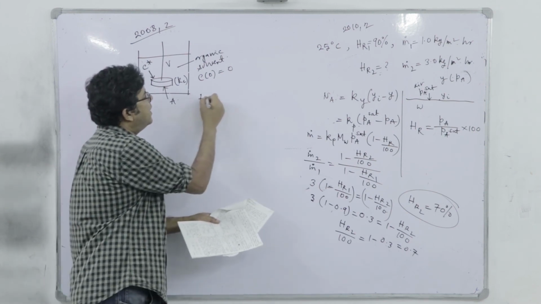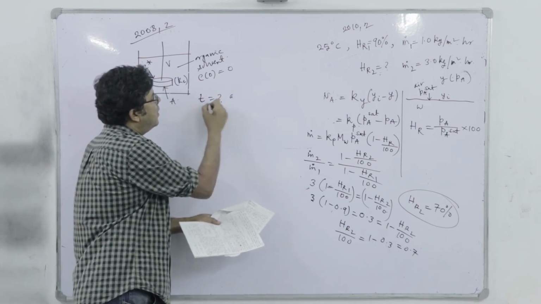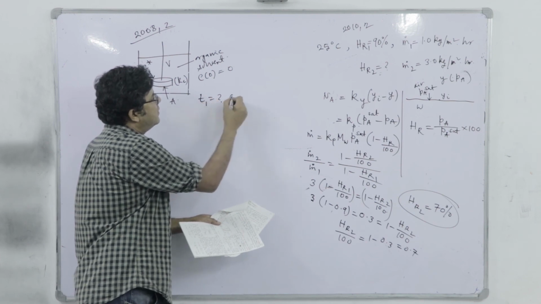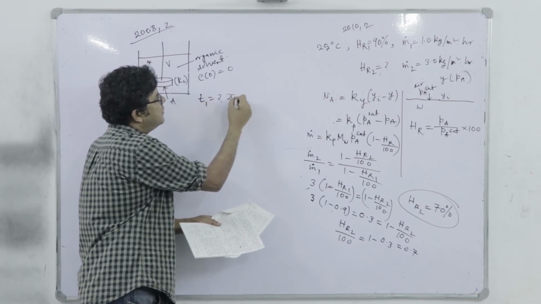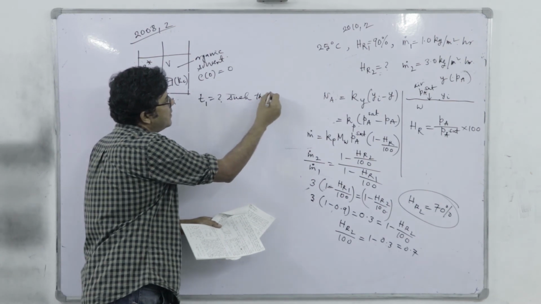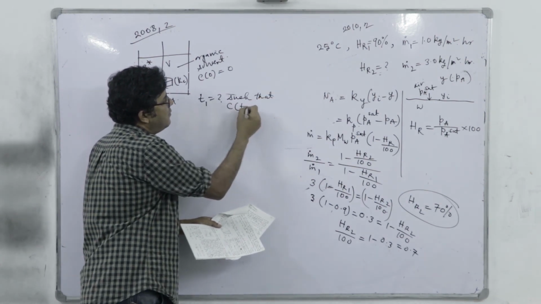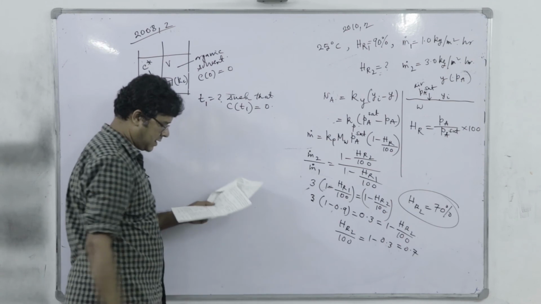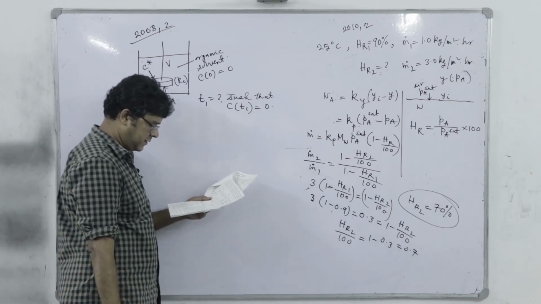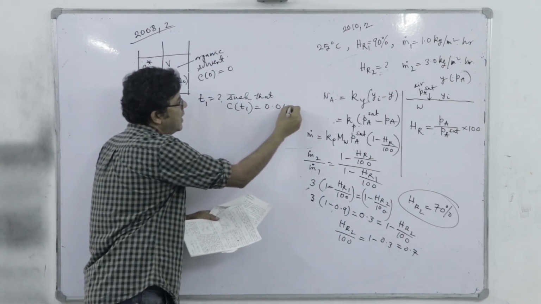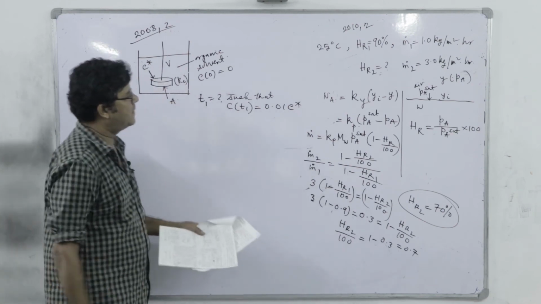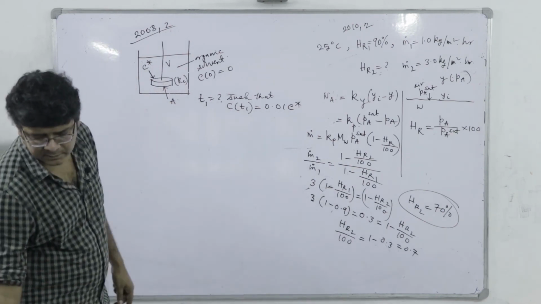So we have to find out the time, or say T1, such that C at T1 is equal to 1%. So basically 0.01 C star. Okay, we have to solve for that time.